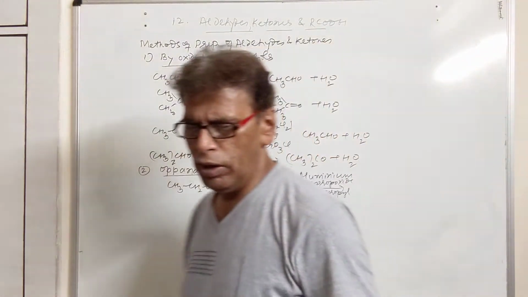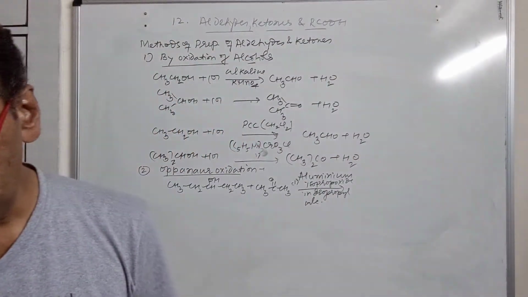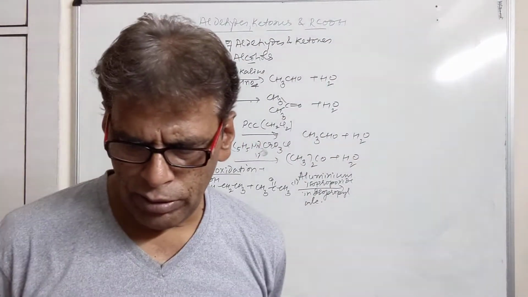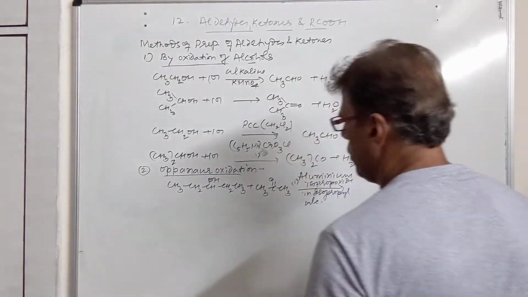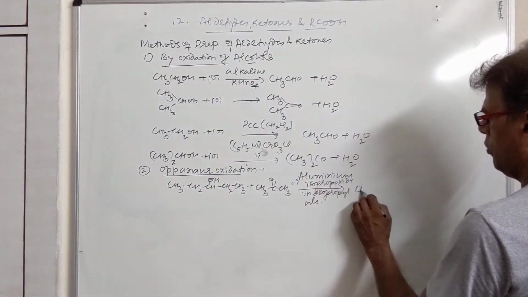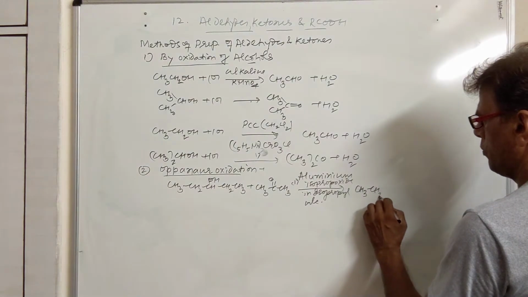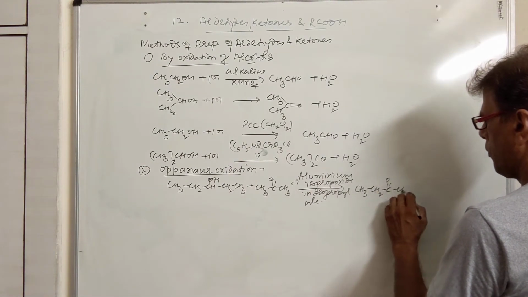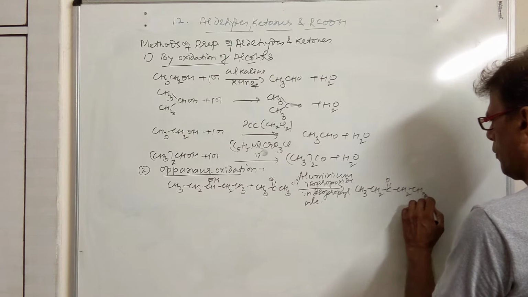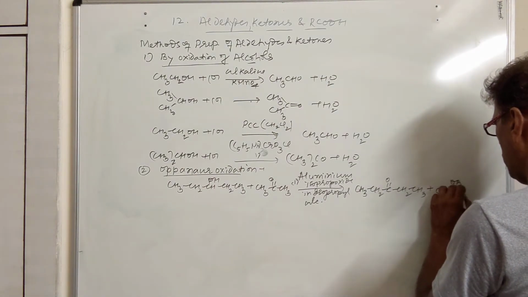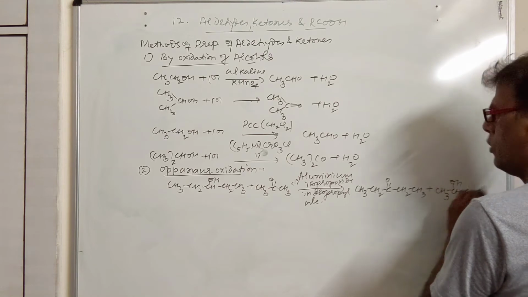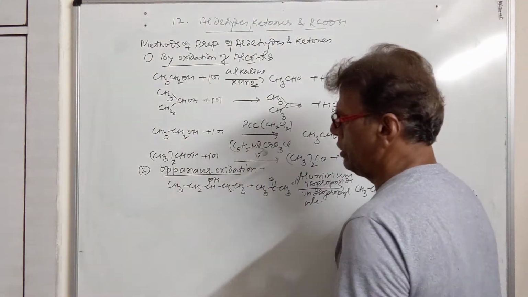First of all, a complex with aluminium is produced, which is hydrolyzed in the reaction conditions in the presence of isopropyl alcohol. The first molecule will change into ketone. The second molecule will give you isopropyl alcohol. So this is Oppenauer oxidation.